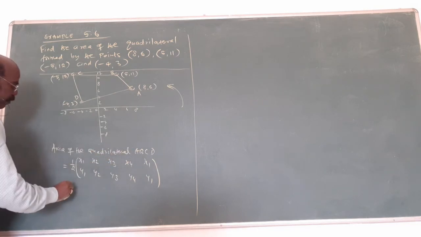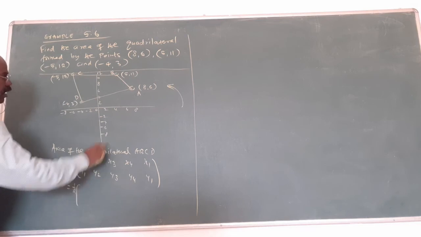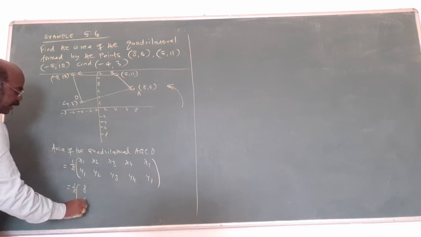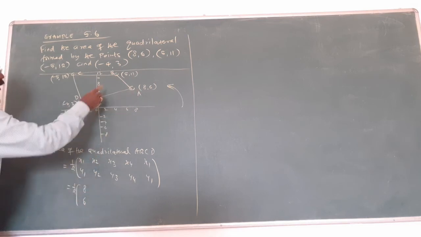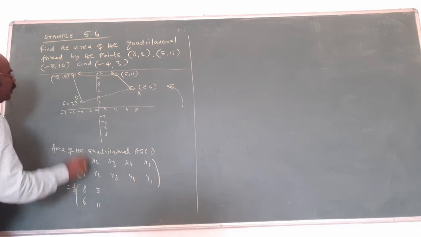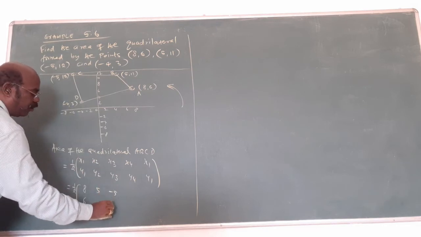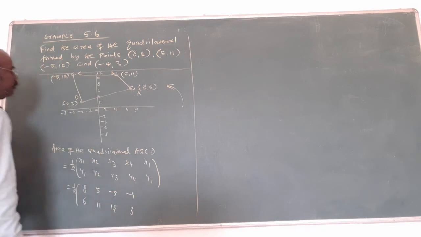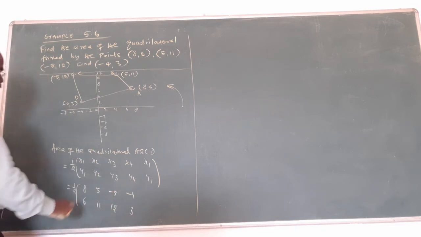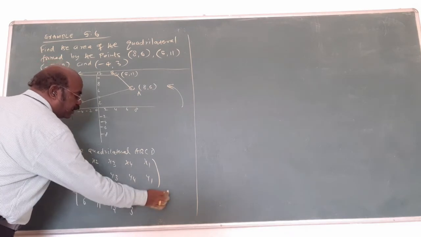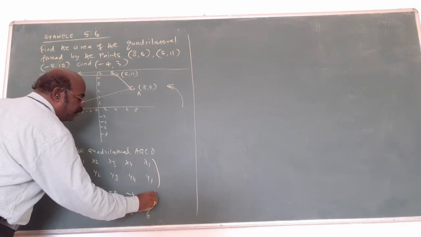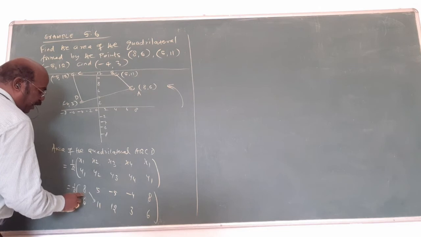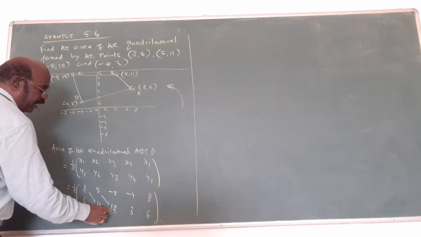The next formula. Half into what is the first line? 8, 6. 8, 6. Next 5, 11. Next minus 5, 12. Next minus 4, 3. That's all. Again 8, 6. Now, multiply 8 into 11, 88, 6 into 5, 30.